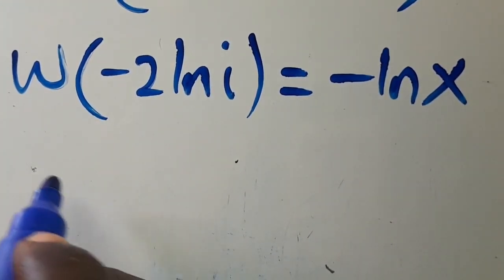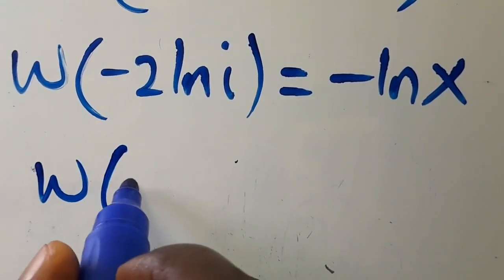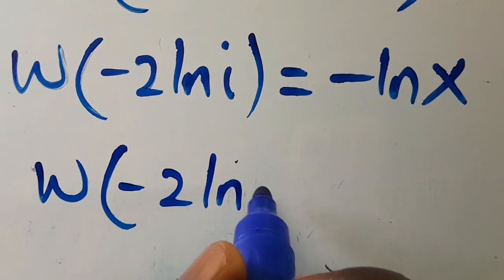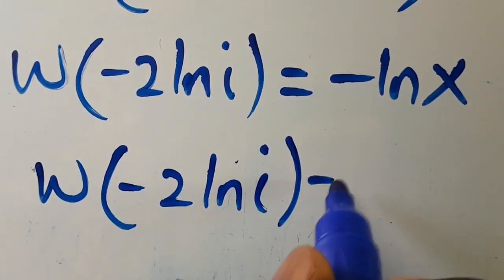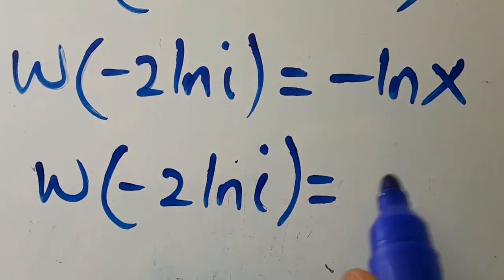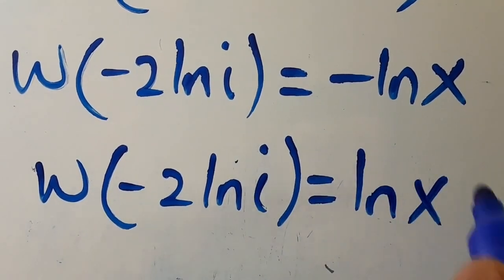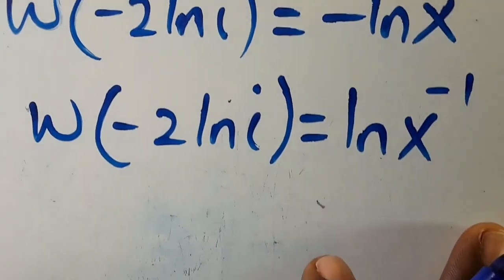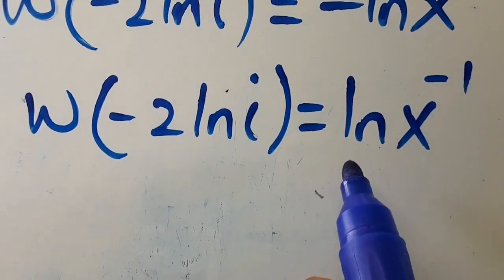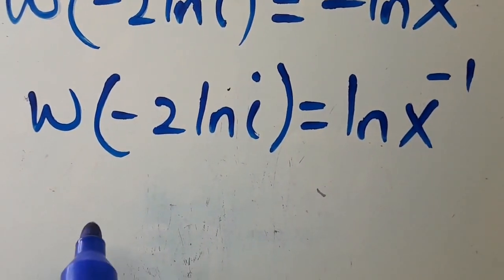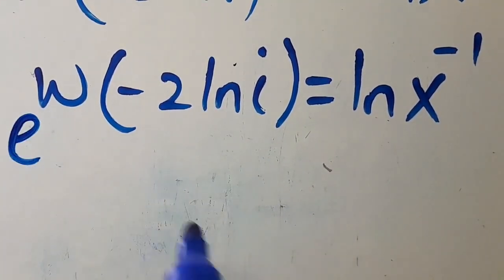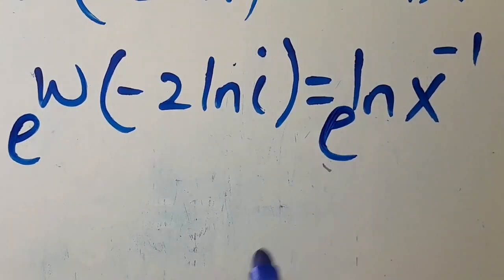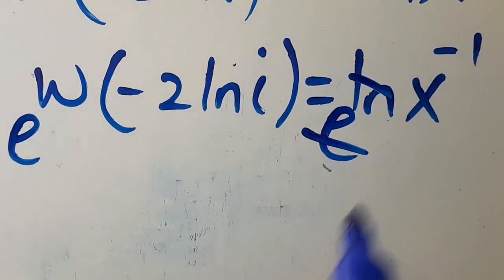Then from here, we have the Lambert W function of minus 2 ln of i. Then we can take this negative to the power as ln of x to the power of minus 1. Now to eliminate this, we can take the exponent of both sides as e to the power of this, then e to the power of this. Therefore, this and this will cancel.